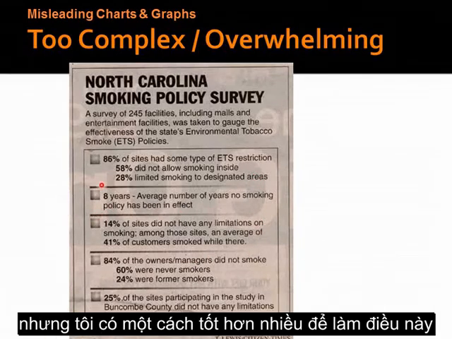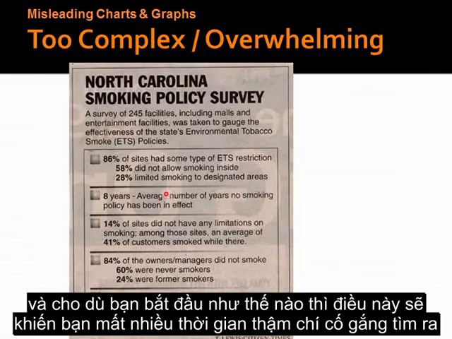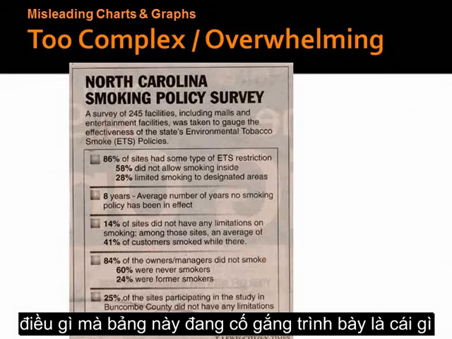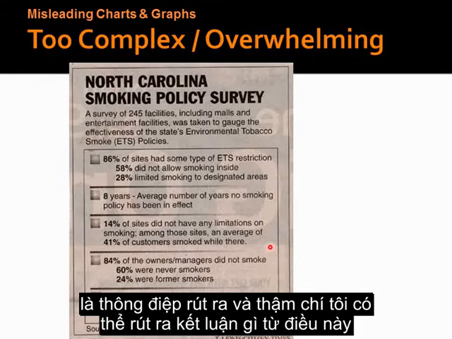But I can tell you right now that there's a much better way to do this, and no matter how much you stare at this, it's going to take you a long time to even figure out what on earth this table is trying to present. What is the takeaway message of this, and what kind of conclusion can I come to from all this?